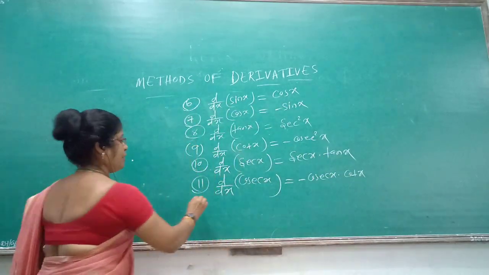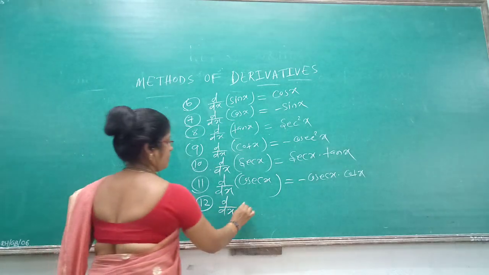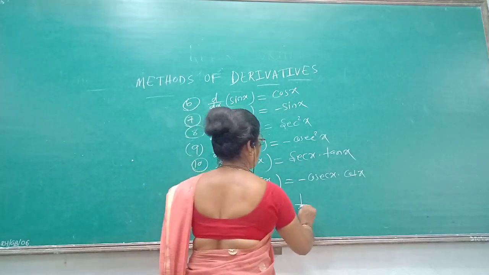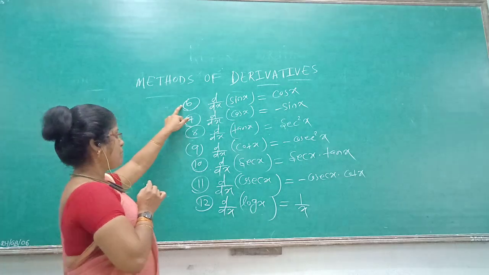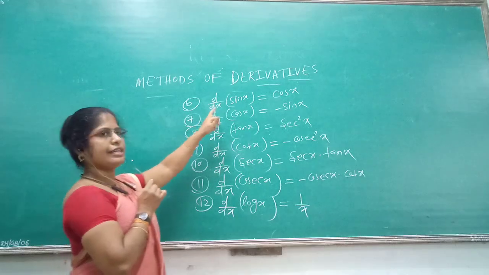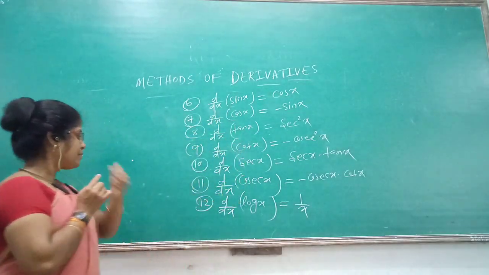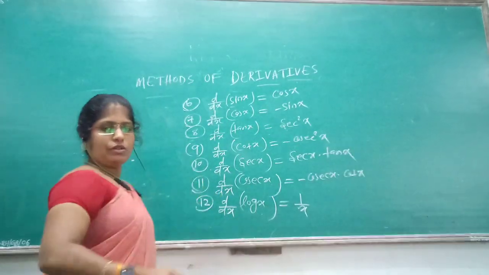And derivative of the logarithm function, that is log x, is equal to 1 by x. So formulas number 6 to 11, that is the derivative of the 6 trigonometric ratios, sin, cos, tan, cot, sec and cosec. And the last, the logarithm function, that is log x, its derivative is 1 by x.